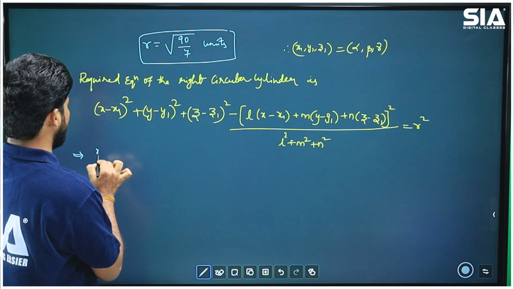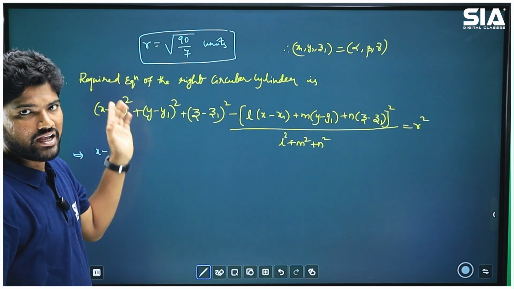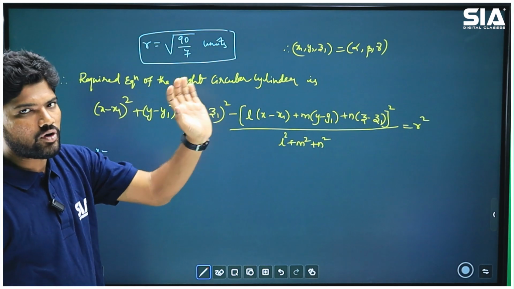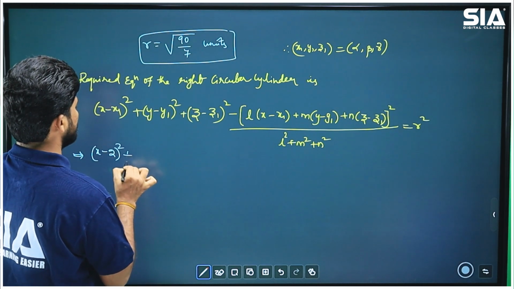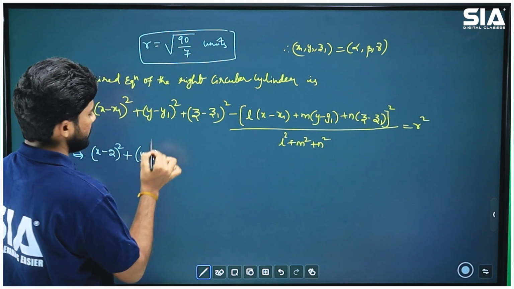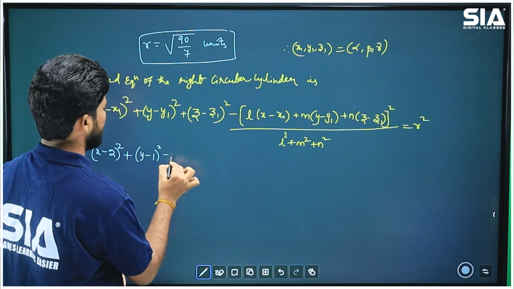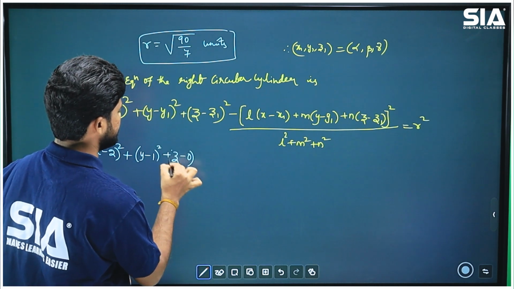What is the x1 value? x1, y1, z1 is the point on the axis. The x1 value is 2, so (x - 2)². The y1 value is 1, and the z1 value is 0.